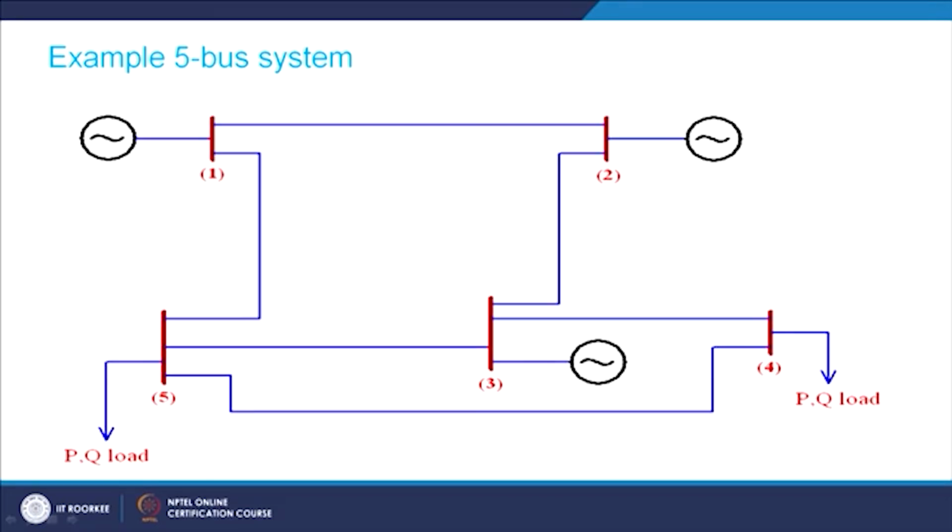These are the PQ buses, and at these 2 buses there are PQ loads. So, this is a very small 5 bus example system having more than 1 generator and more than 1 PQ bus. It has slack bus, PV bus and PQ bus. This example will suffice to demonstrate the working of this basic GSLF load flow analysis.